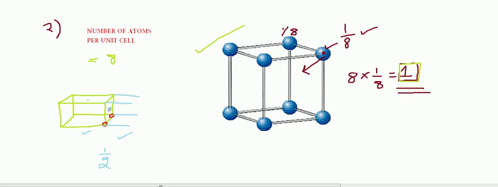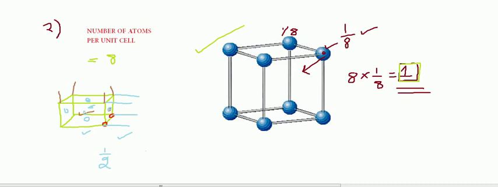If you have another atom here, this is also at the face, so at max you can have a cube at the top. If you have a cube at the top, can you tell me how much this atom is contributing to this cube? It is again contributing half. So all the atoms that are on the faces, the contribution is equal to half.